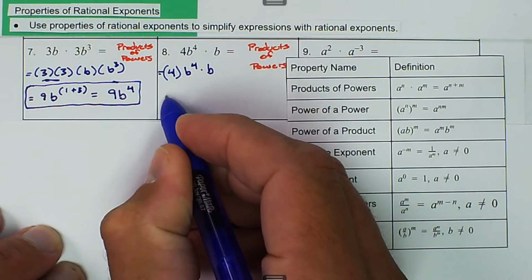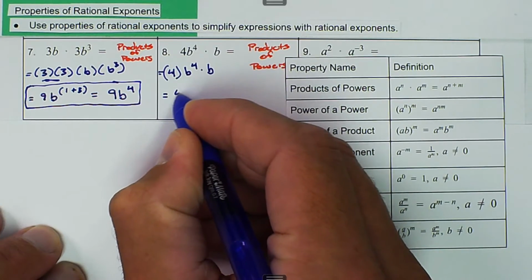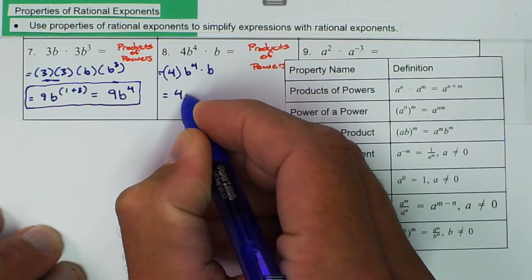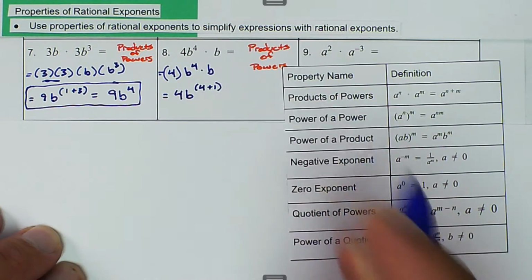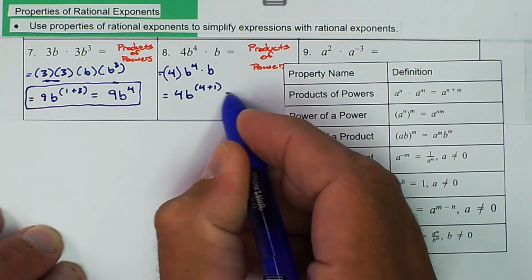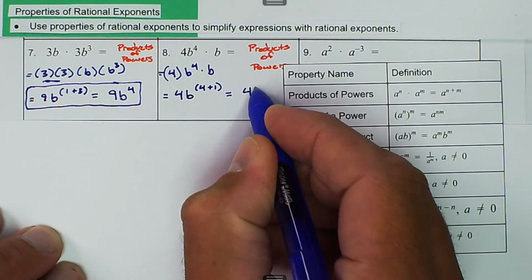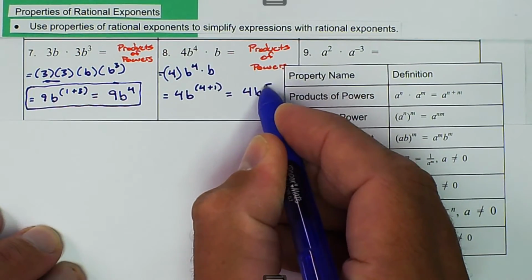And we can rewrite that again as 4 times b to the 4 plus 1, which in this case ends up being 4b to the fifth.